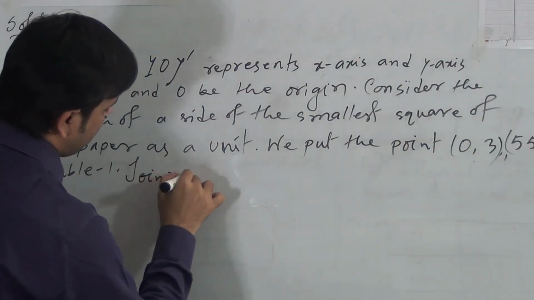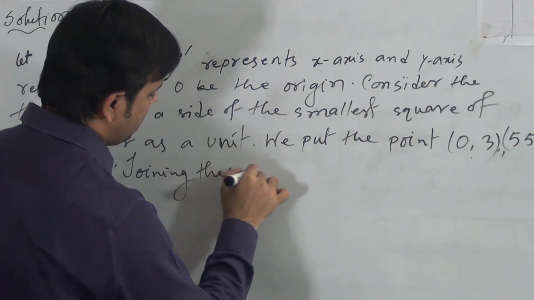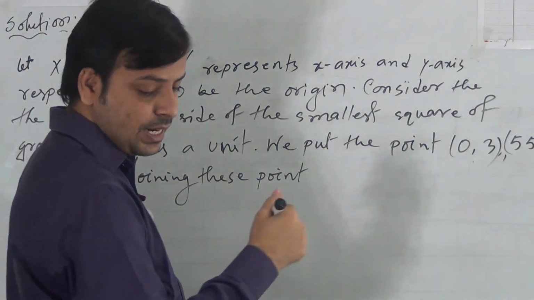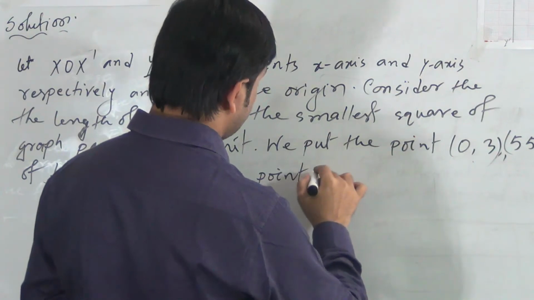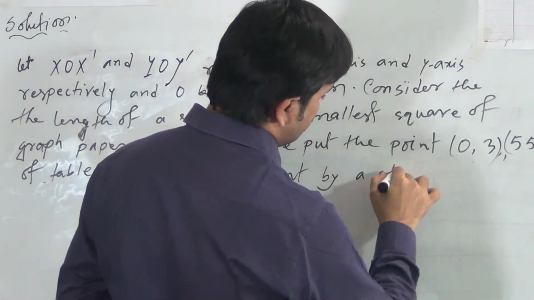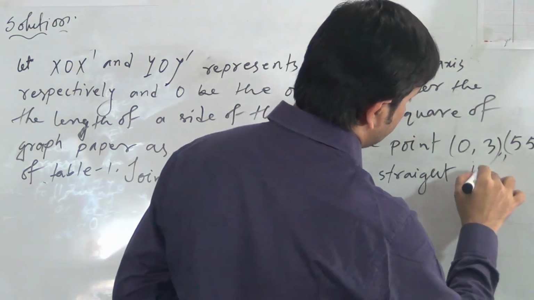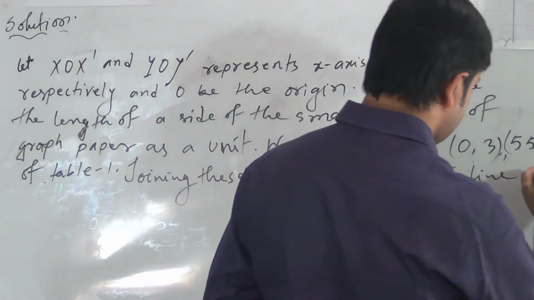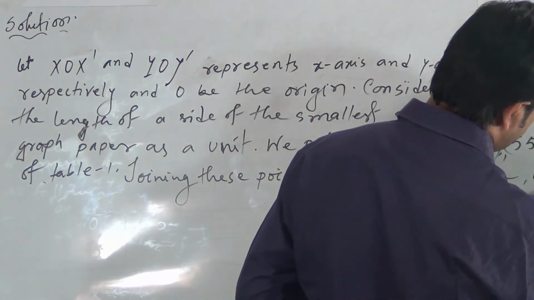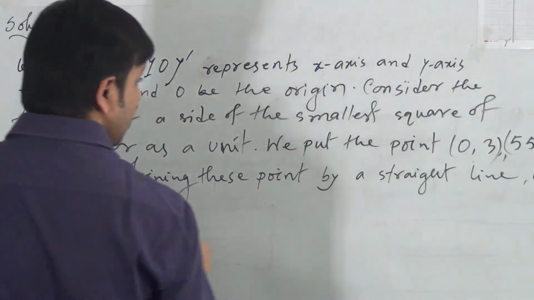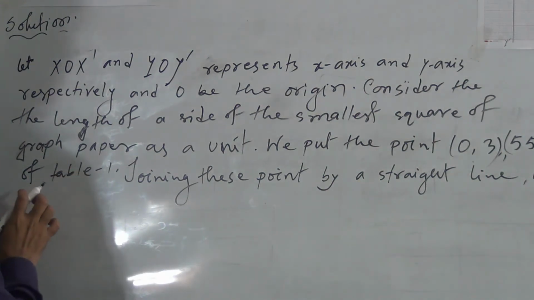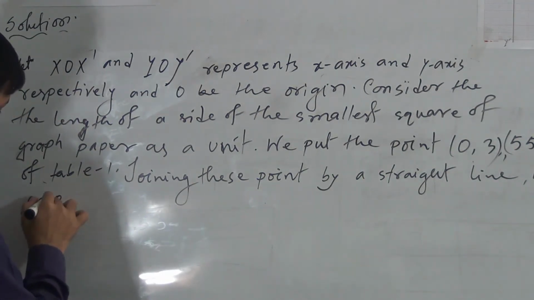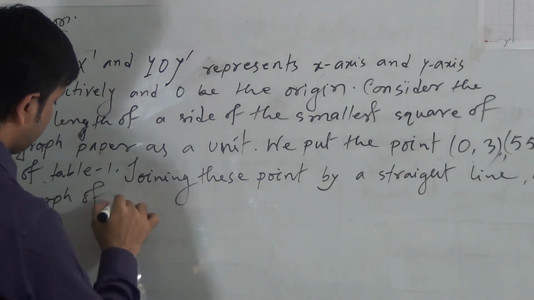Joining these points by a straight line, we get the graph of equation 1.